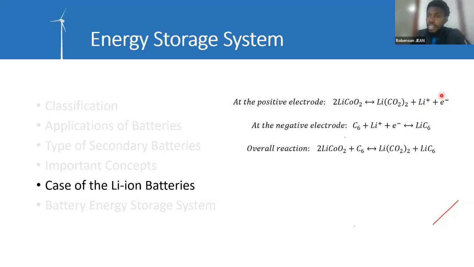It is this flow of electrons that will create the current flow. This is for discharge, and when the battery is charging, the flow of electrons goes inside the battery, and then we have the inverse of the process.